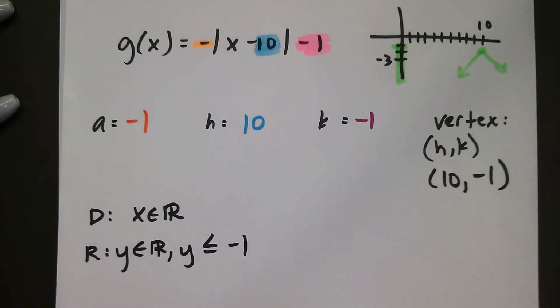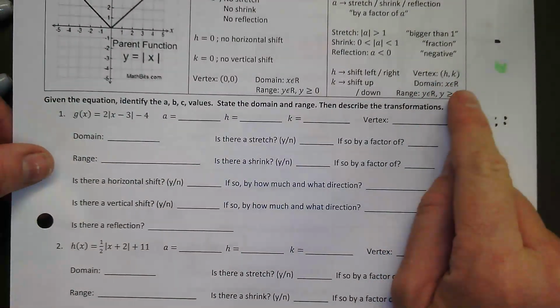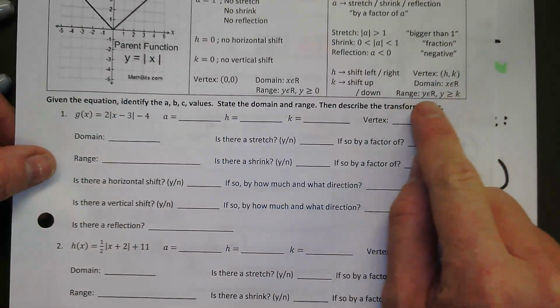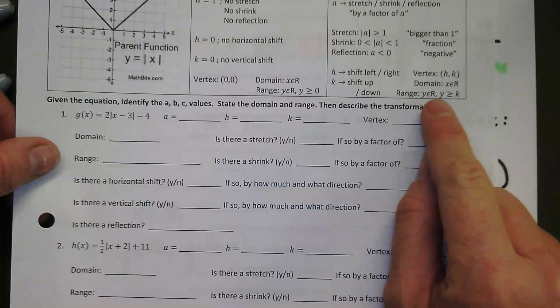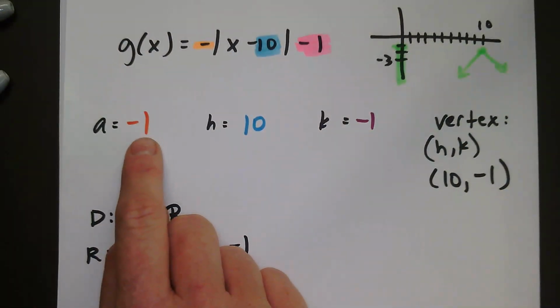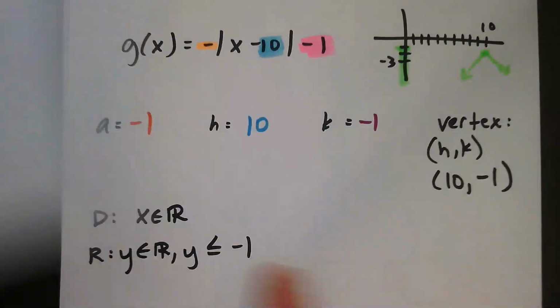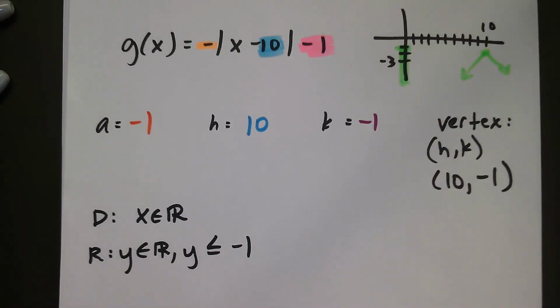That is a general structure that works with all of these. Your vertex is always going to be (h, k), and your domain is always going to be all real numbers, and your range is going to be everything above k, but because we had that reflection, because our a value is -1, it's going down. I had to flip that sign and make it y less than or equal to -1.